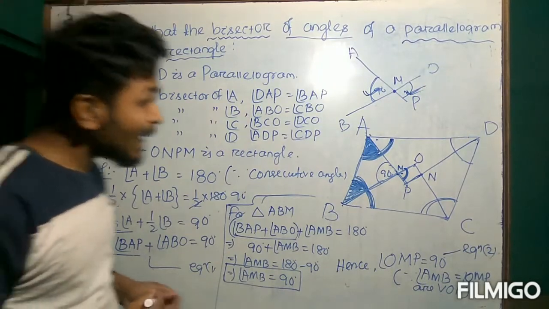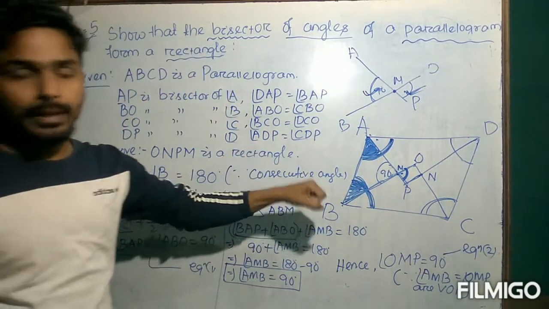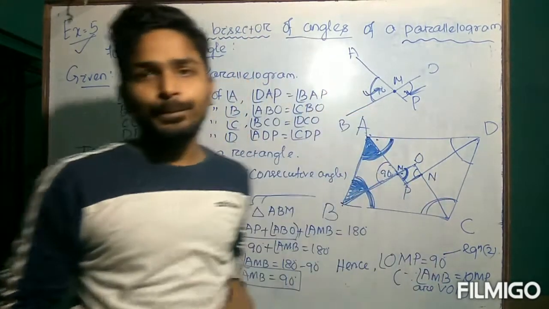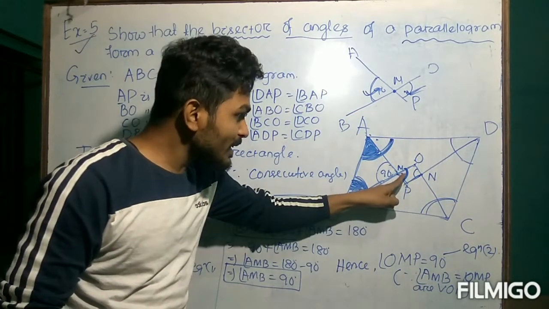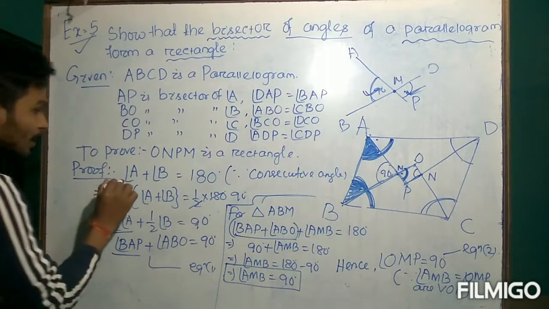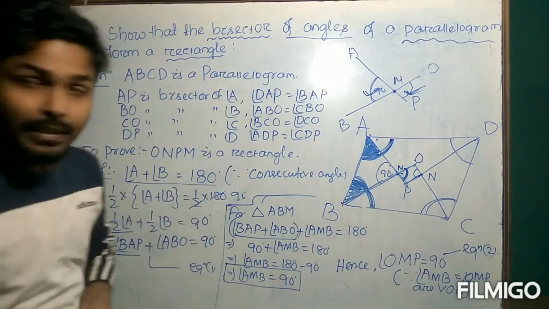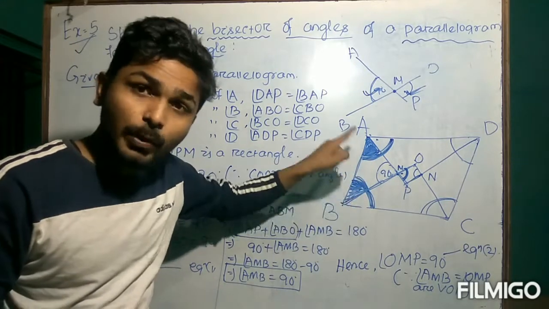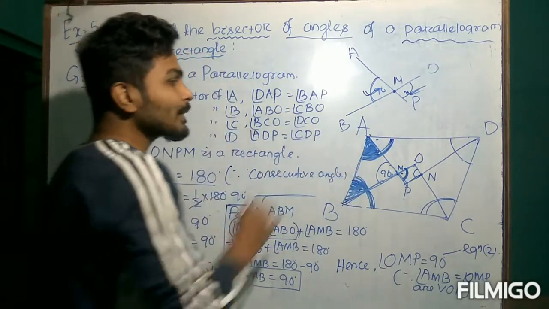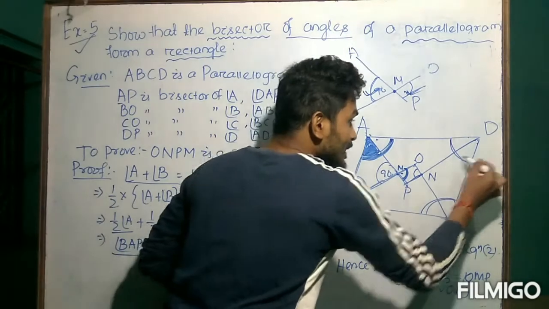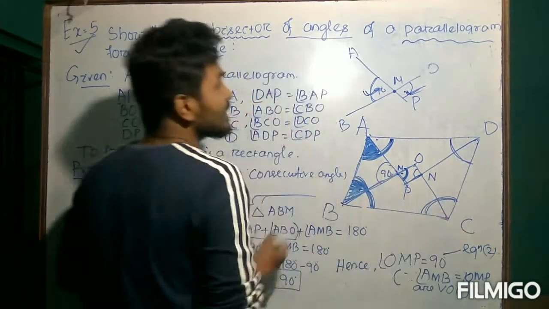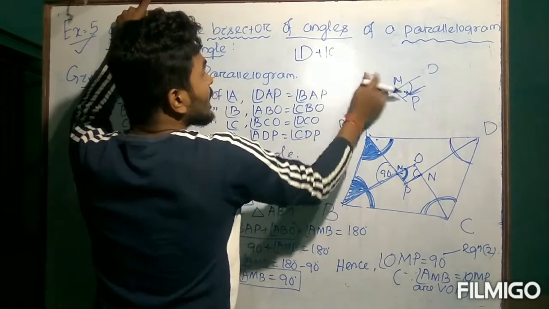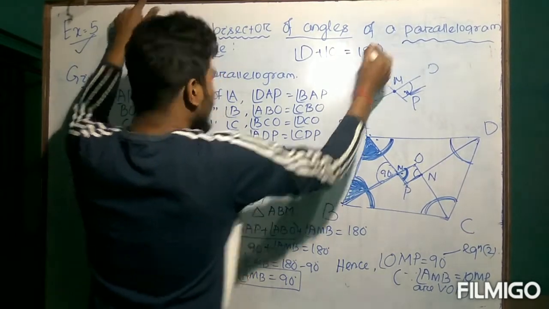Okay. So the same procedure is followed here in order to prove that this angle must be 90 degree. In order to prove the earlier angle 90 degree, what did we take? We took A plus B is equal to 180 degree, right? These two angles are 180 degree because these two are consecutive angles. So similarly, we have to take angle D and angle C, is equal to 180 degree.